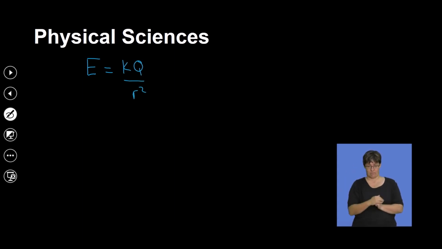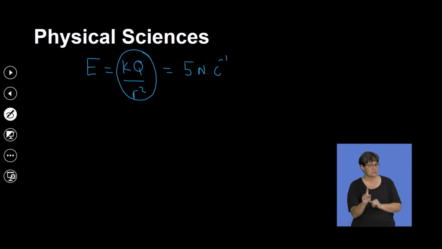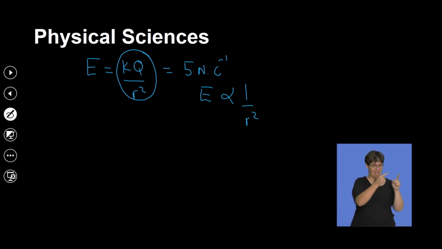In principle, we are told that it's equal to 5 newtons per coulomb in magnitude, right? So what is important for us is to understand that E and the distance are actually inversely proportional to each other, or E is directly proportional to the reciprocal of the square of the distance. So we'll arrive at trying to sketch a graph that represents that particular relationship.